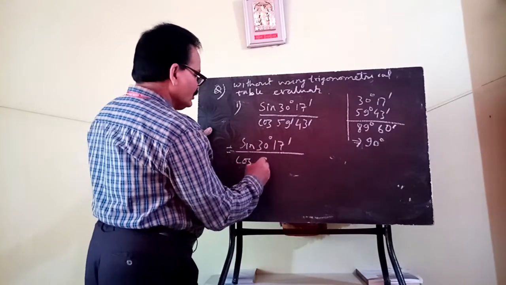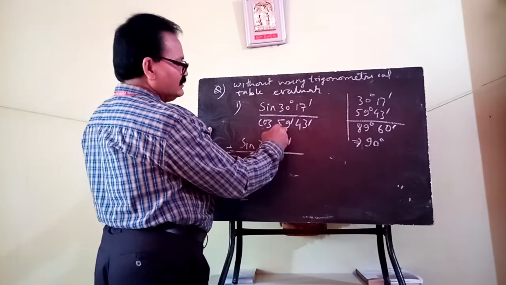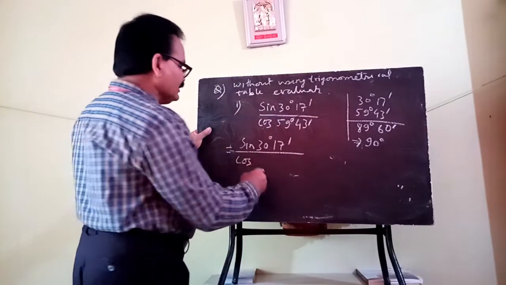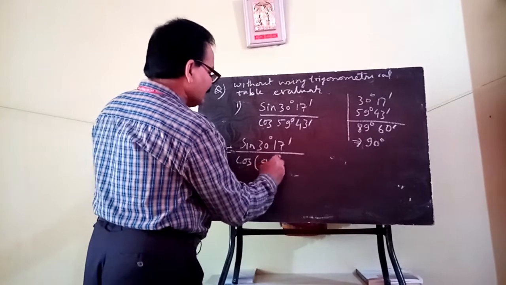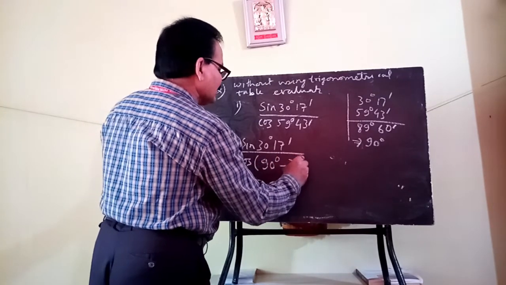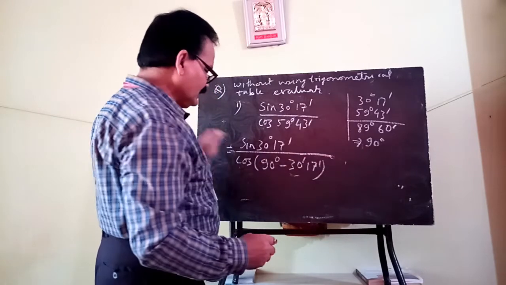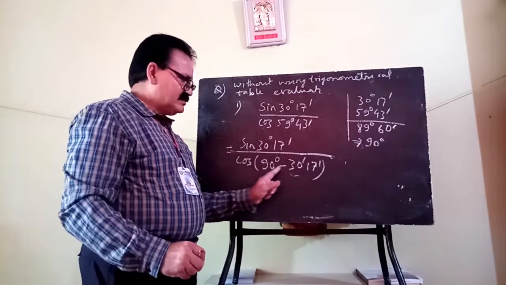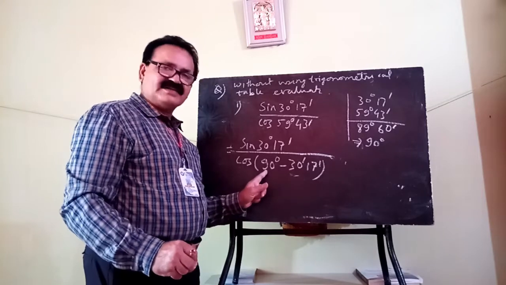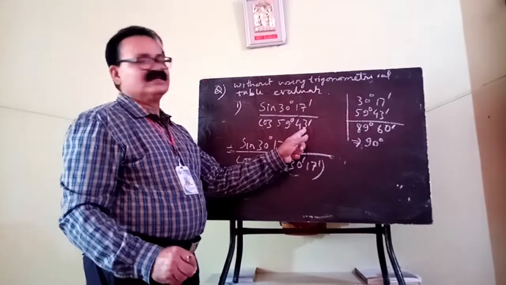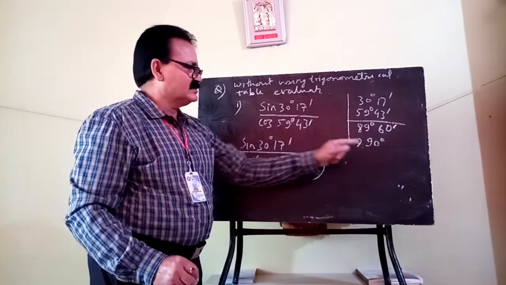Here cos 59 degree 43 minute can be written as cos of 90 degree minus 30 degree 17 minute. You see, if you subtract 30 degree 17 minute from 90, the value will be 59 degree 43 minute because their sum is 90.